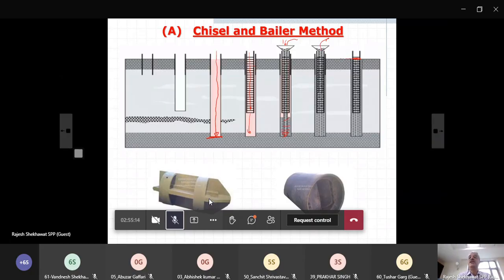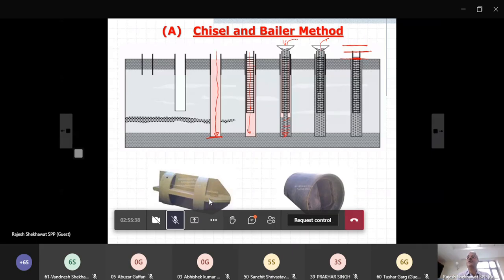If this is your ground level, normally you take something for development length, because finally you have to cast the pile cap. For that much you have to take reinforcement outside. In addition, the top portion of this concreting will always carry some laitance, the mud and all from the bottom.